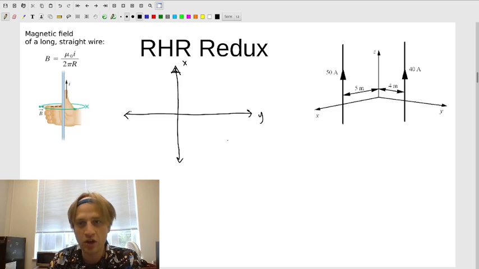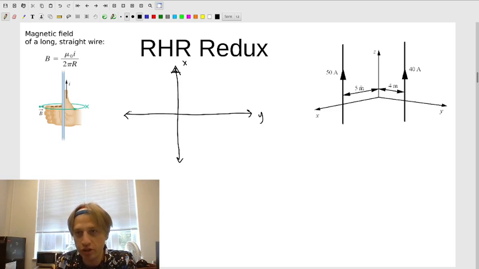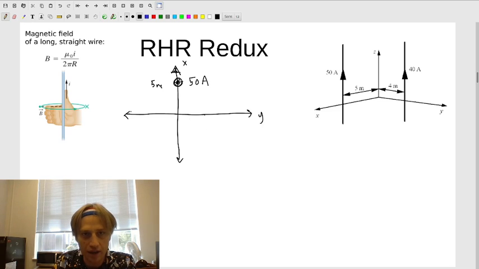So if I would redraw this picture in the way that I'm used to seeing it, I would have on the x-axis at 5 meters this current coming out of the page, so that would be 50 amps. And then here at 4 meters along the y-axis, this would be 40 amps.